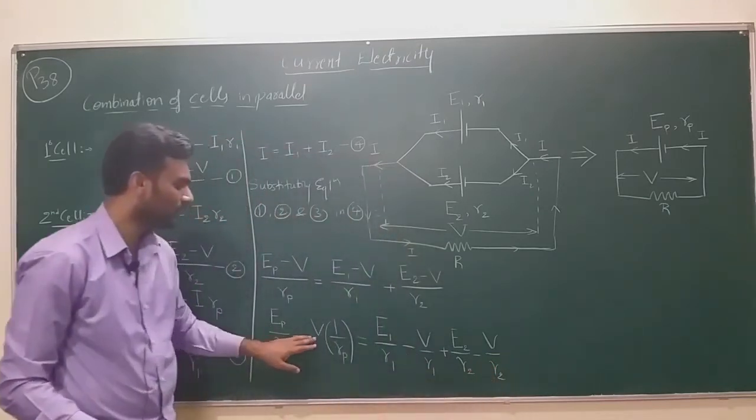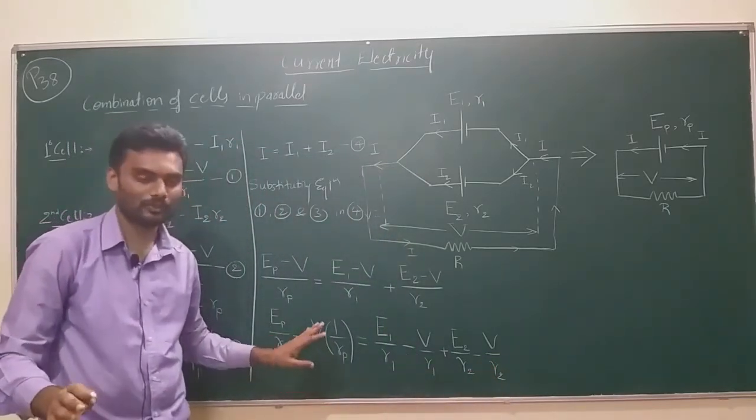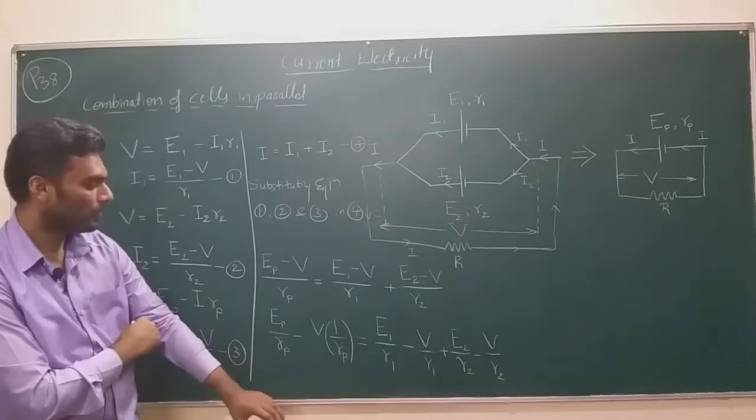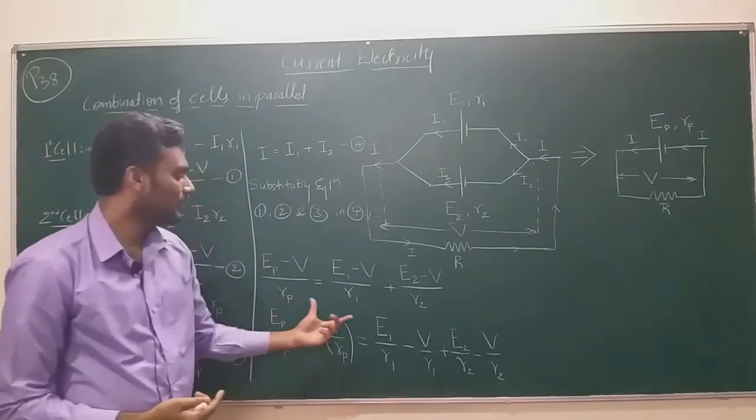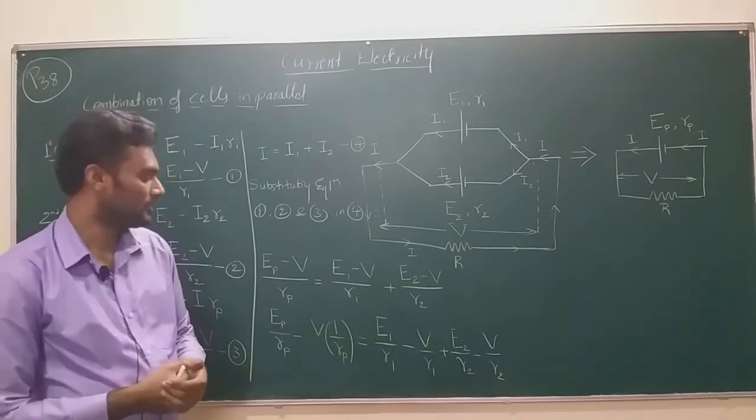I could have simply written this also as V by RP, that is also fine, but I just wanted to get a similar format in both LHS and RHS of the equation.